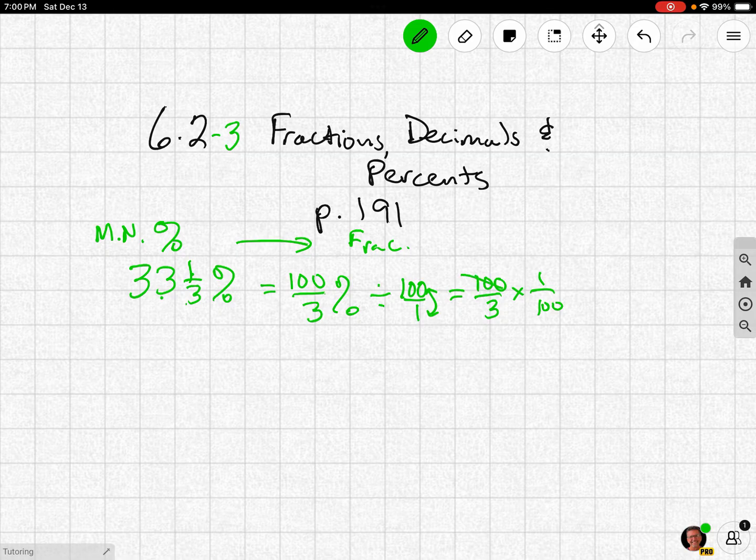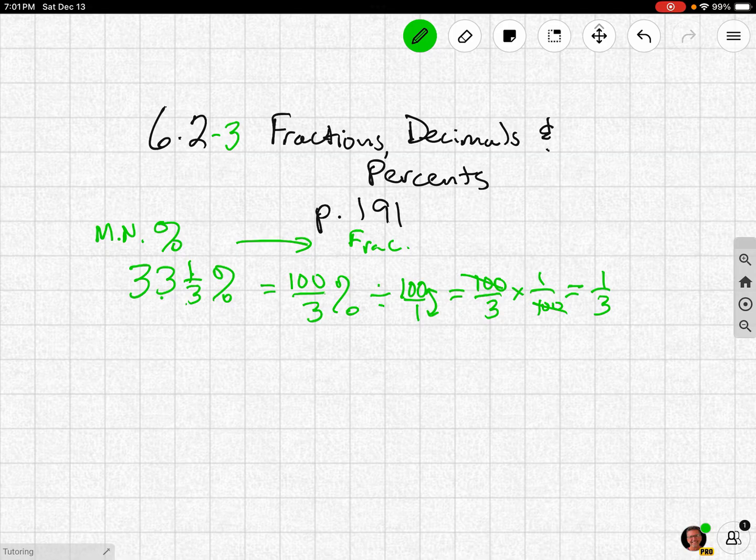Then I can simplify that 100 and that 100, which is equal to 1. So I can just eliminate those, and the answer is 1/3. Whew, okay.